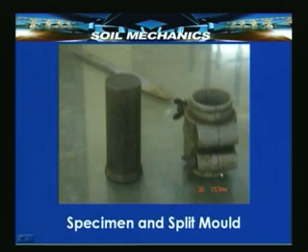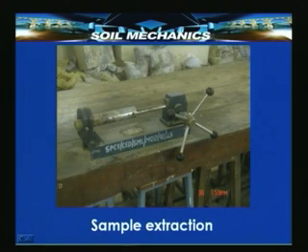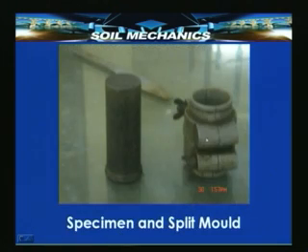Here we have the specimen, and the specimen is taken out of the split mold. That is, if you go back to the earlier slide, when you extract with the help of a plunger the core out of this core cylinder, what comes out is collected in a split mold, and because it is a split mold you can open it out and take the sample out.